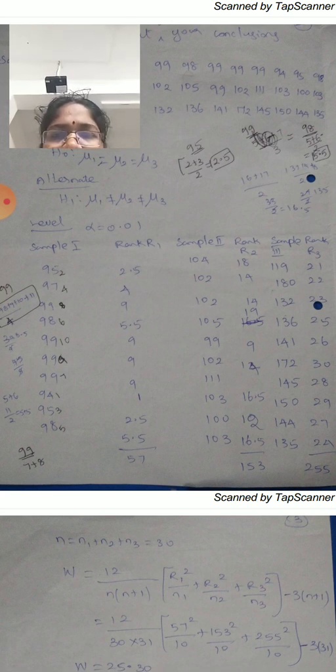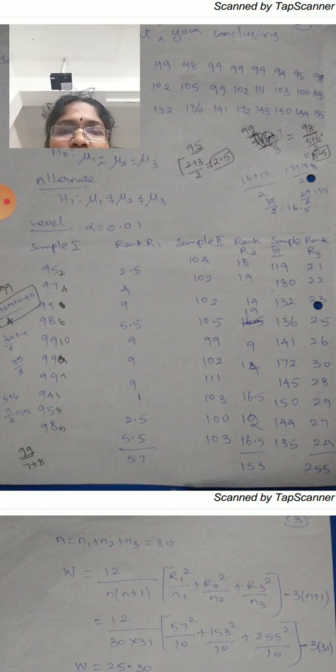Here 95 is given 2 times, therefore second rank plus third rank. 95 is repeated 2 times, therefore 2 plus 3 divided by 2 equal to 2.5. Therefore the rank of 95 is 2.5 for both.